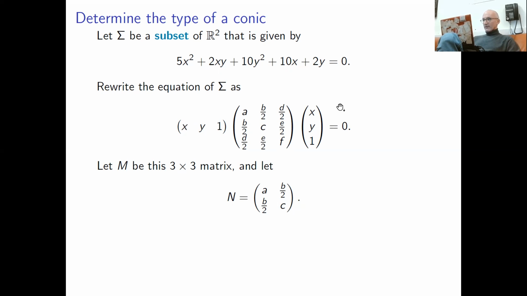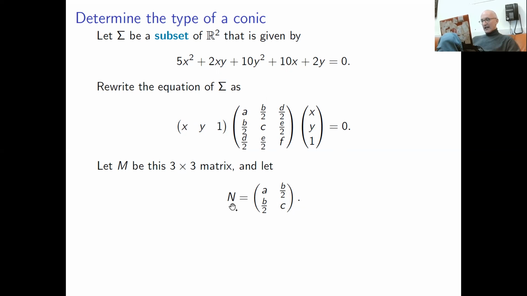So we rewrite it into this matrix form, and let's call this matrix M. And we denote by N our usual matrix, with entries A, B over 2, B over 2, C. This is the matrix which we used in the proof of the classification theorem.